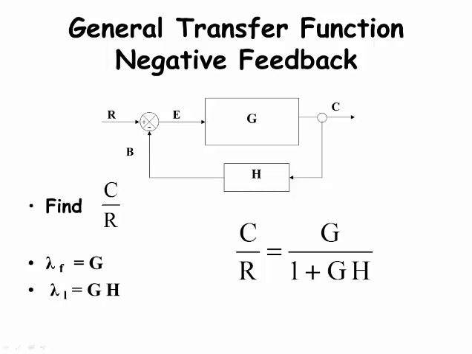Here is a simple two-transfer function closed-loop negative feedback control system. It is a negative feedback loop because of the small minus sign in the comparator where the B input is connected.